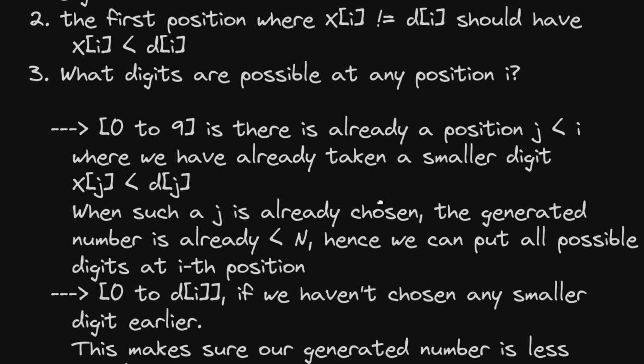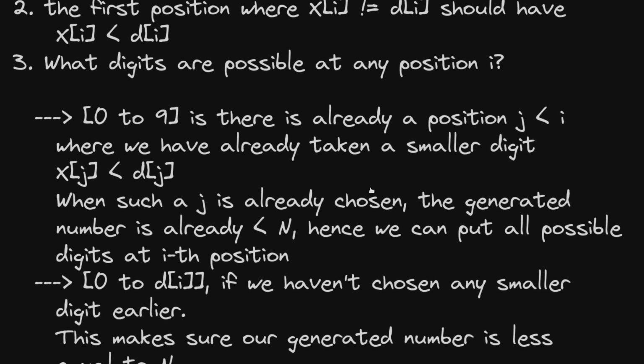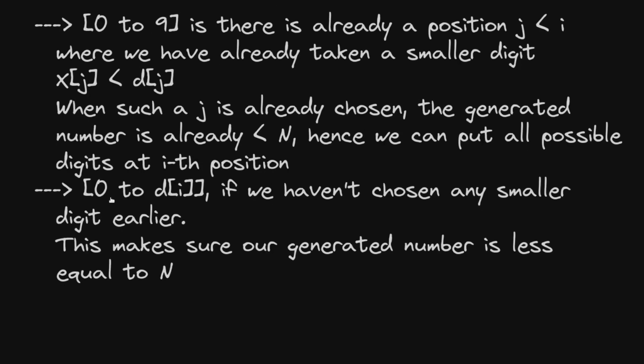And based on the examples that we saw earlier, at any position i, we will have choices from 0 to 9 if there is already a previously chosen position j that has a smaller digit than the corresponding position in n, or it could be from 0 to the ith digit in the given number if we haven't chosen any smaller digit earlier.